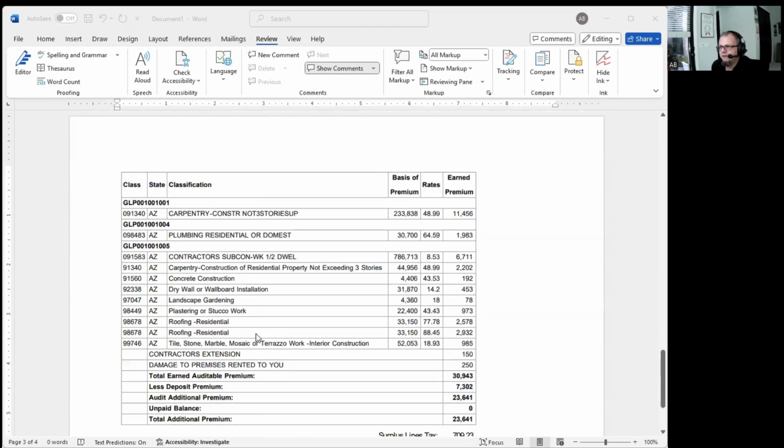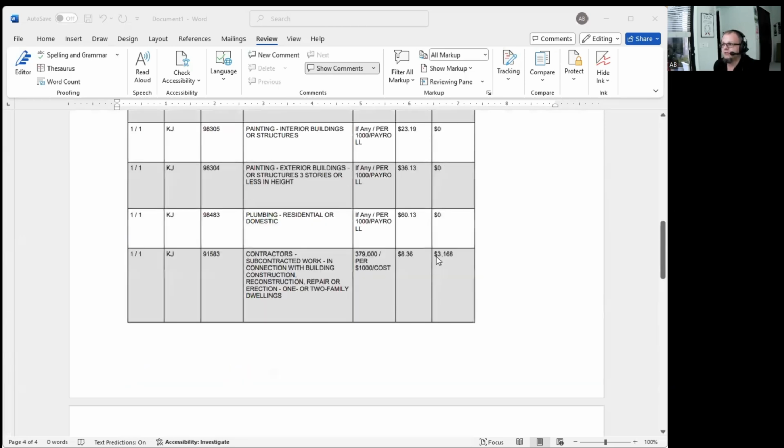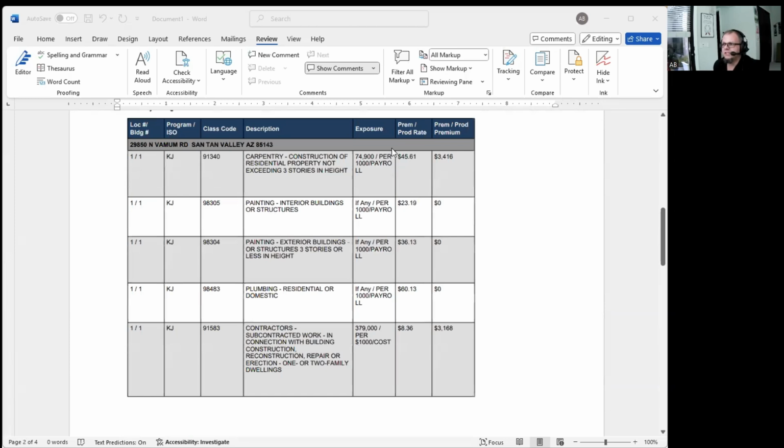They got an audit, and the audit says you had carpentry construction of $233,838. So this is $48.99 per thousand. So we're going to go up here and see which classification. It looks like it's even above the rate that they were quoted up here.